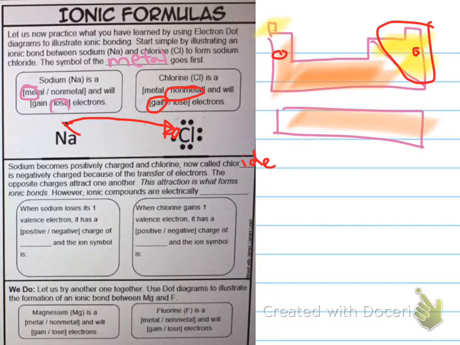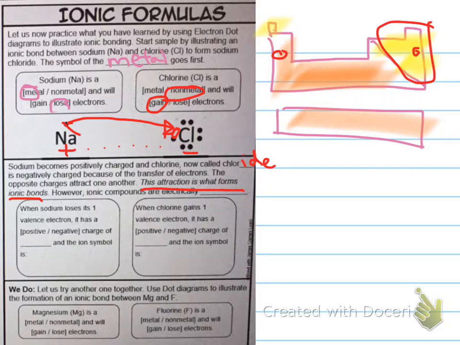The opposite charges attract one another. So if sodium lost its negative electron, it is now positively charged. And since chlorine gained an electron, it is now negatively charged. This attraction between the positive and the negative charge forms the ionic bond.